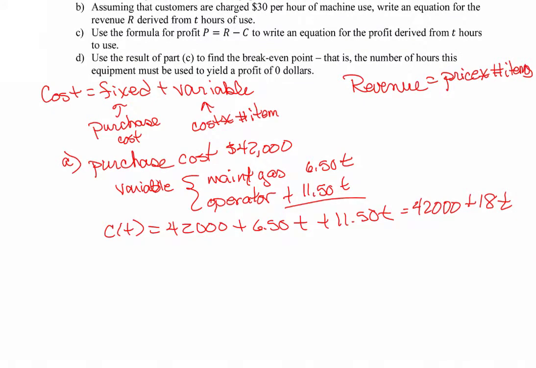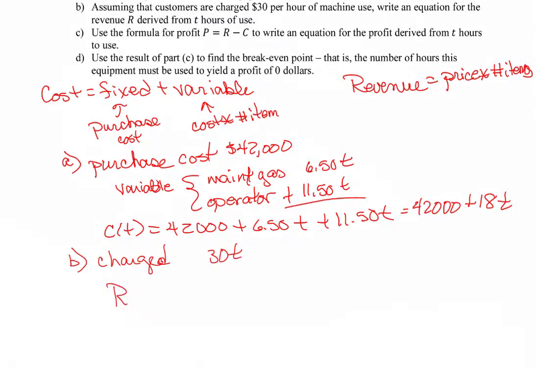All right. So for part B, it says, assuming the customer is charged $30 per hour of machine use, write an equation for the revenue. So you're charged $30 per hour.